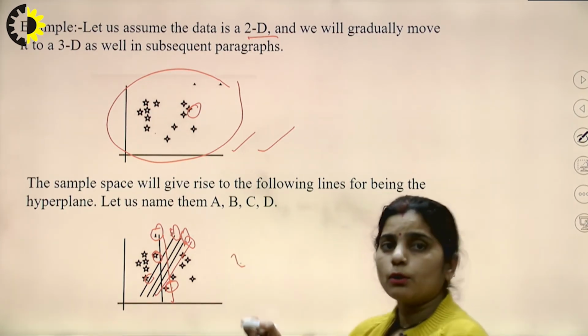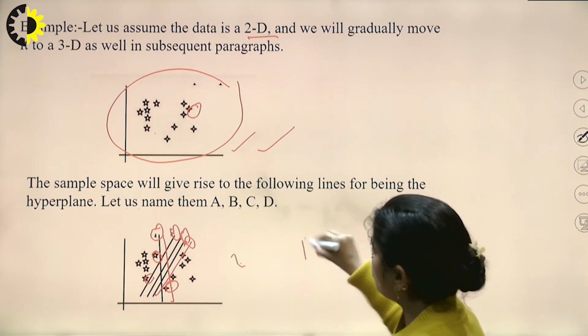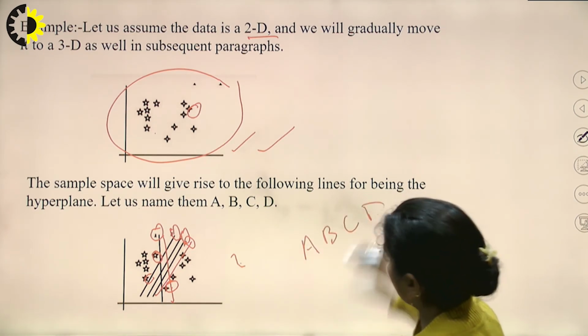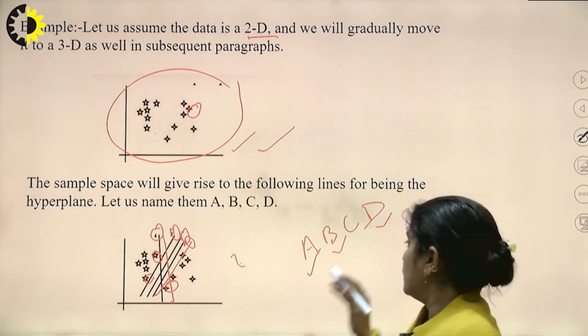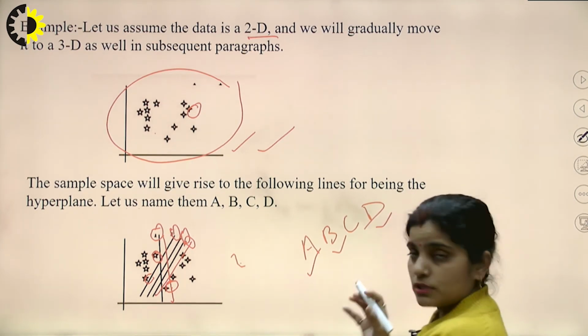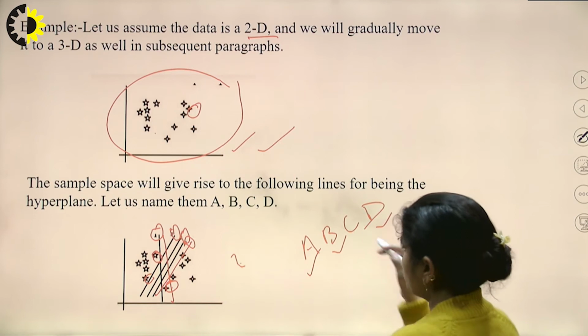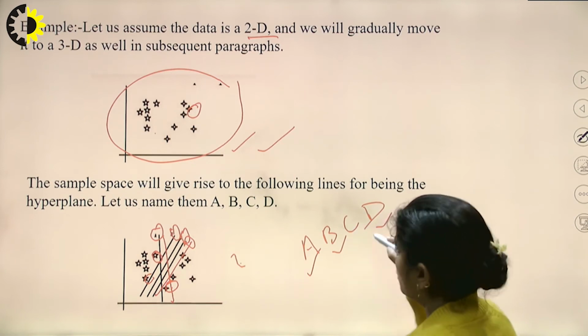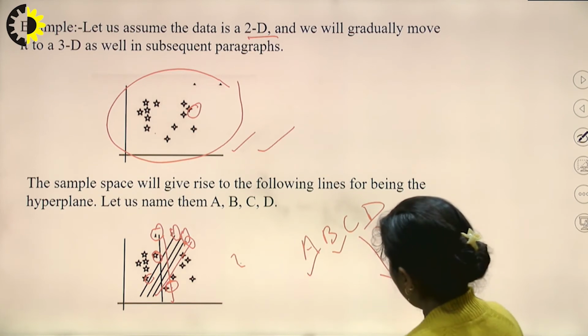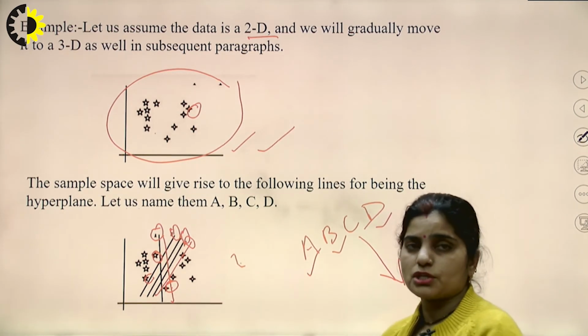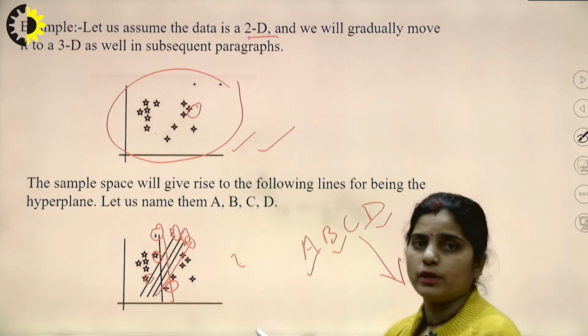So, apart from A, B, C, D, we see that A, B and D have some data points lying closest to them. So, we consider hyperplane C as the best hyperplane for separation of these two kinds of data points.